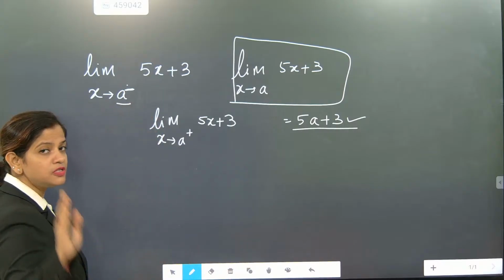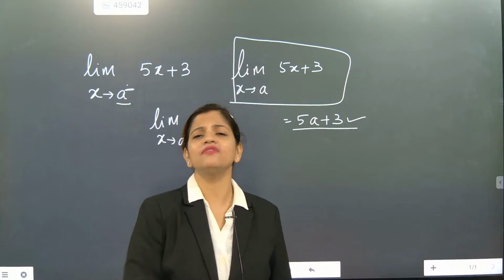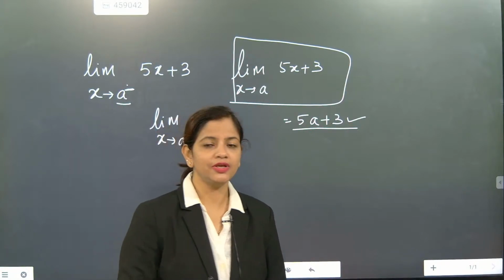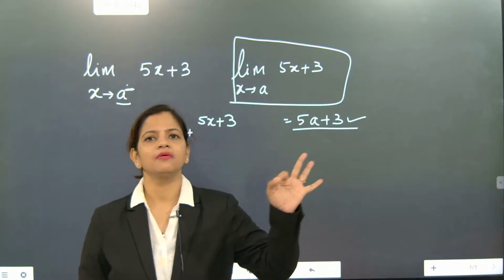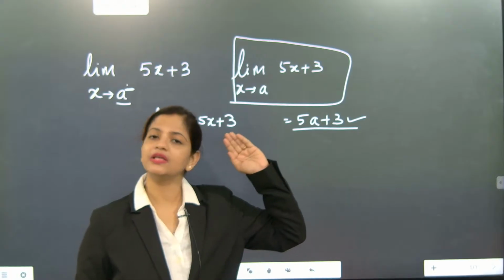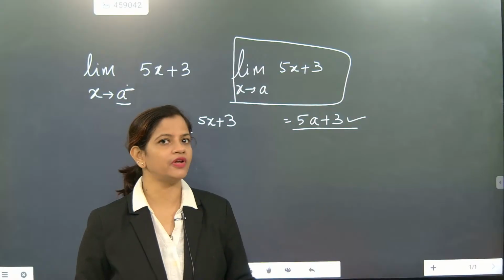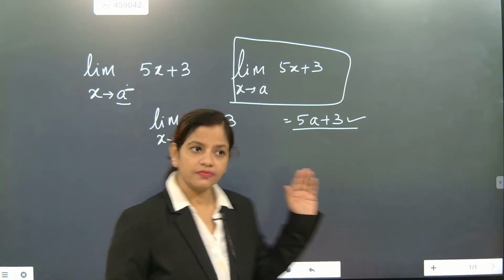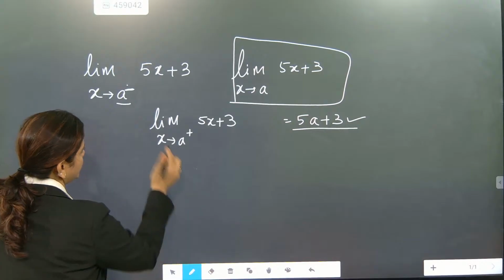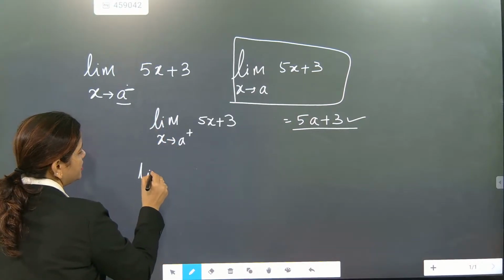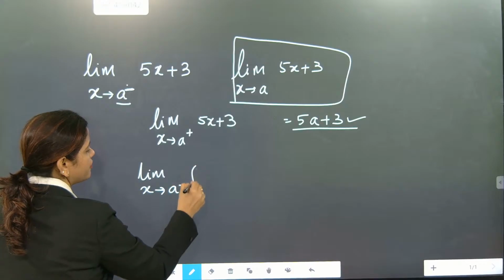Adopt this procedure in any level of examination, and you will get full marks. This is the original way of writing. With this only, I have got ranks. So now listen, first limit understanding. I'm writing limit x tends to a minus f of x.